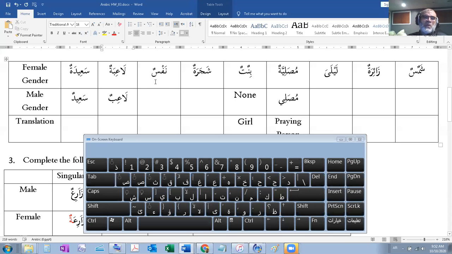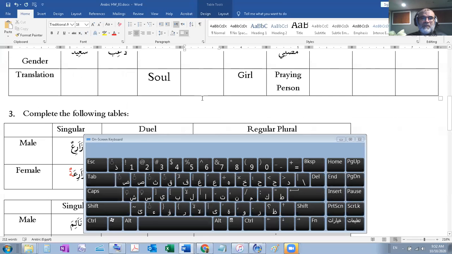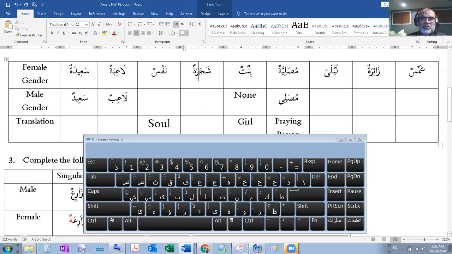نفس, a soul. Is there a male soul or a female soul? No. Therefore, it's not applicable. The translation is soul. Okay? شجرة. I found someone who took شجرة, which is a tree, in the homework.